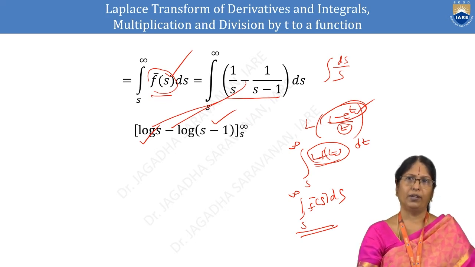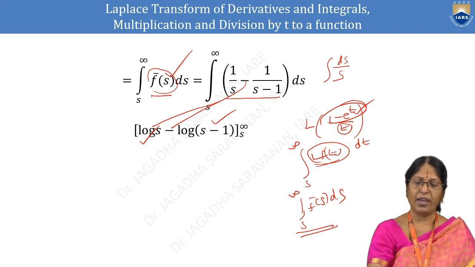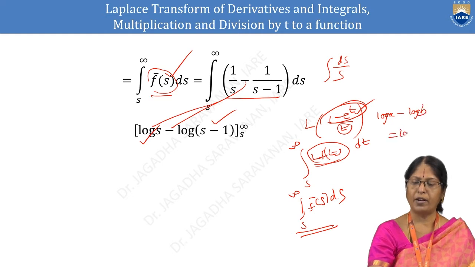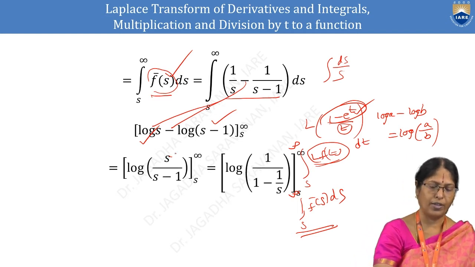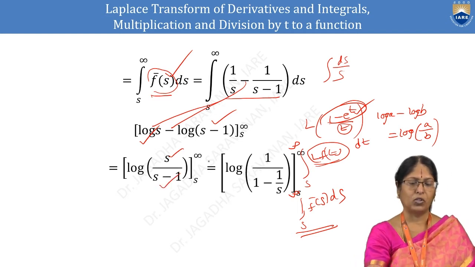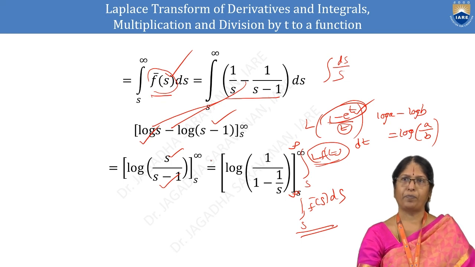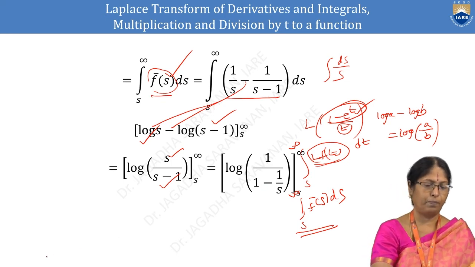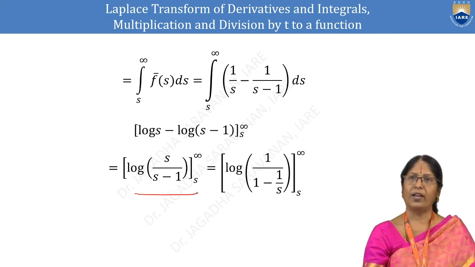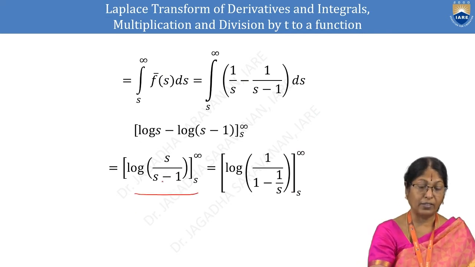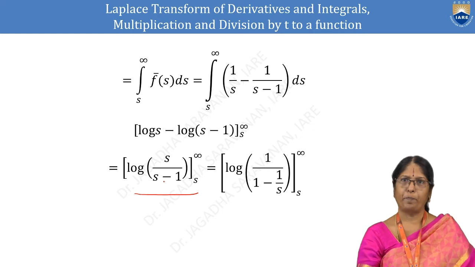By the logarithmic formula, log a minus log b can be written as log of a by b. So log of a by b, from s to infinity. This step is there, s by s minus 1.